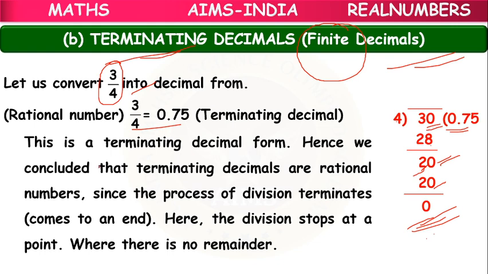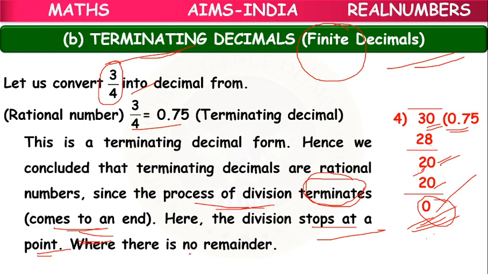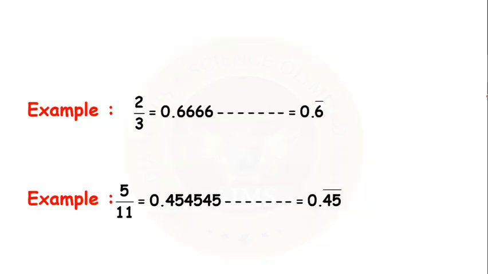So the process of division terminates, or stops at a point where there is no remainder. These terminating decimals have a finite or countable number of decimal places. This decimal expansion has terminated at 2 decimal places. Next, children.